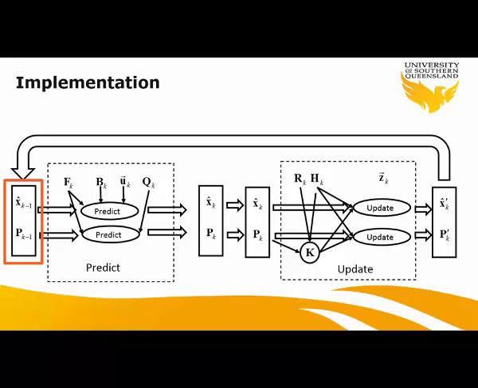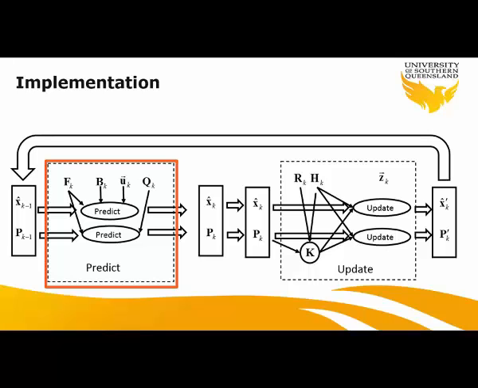So we come with the initial position, which has been shown here, and then we use the IMU measurement of the position, velocity and attitude to predict the value for the next position. Then this prediction will be used as a previous state for the next prediction, and then we keep looping until the GNSS measurement becomes available.